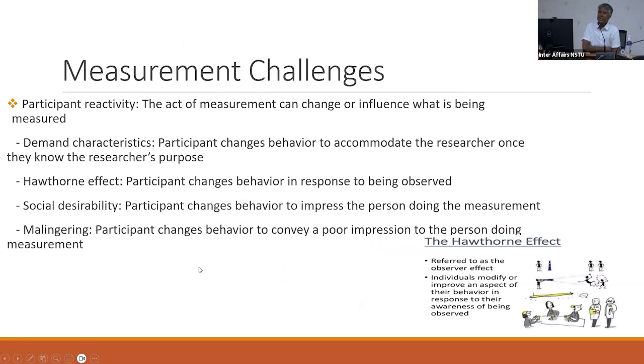So what are some of the things that relate to measurement challenges? Those relate to the person. So we know from testing that the act of measuring something can change or influence what is being measured. The first is demand characteristics. So a participant changes their scores, their ratings, to accommodate what the researcher wants to know, right?